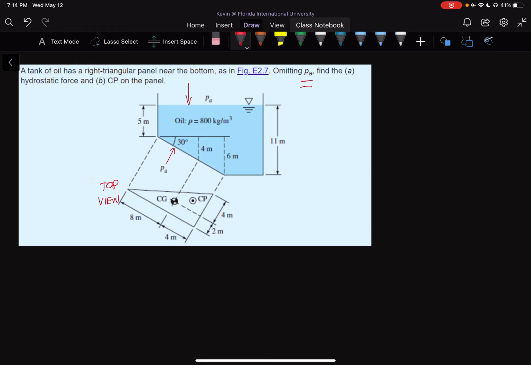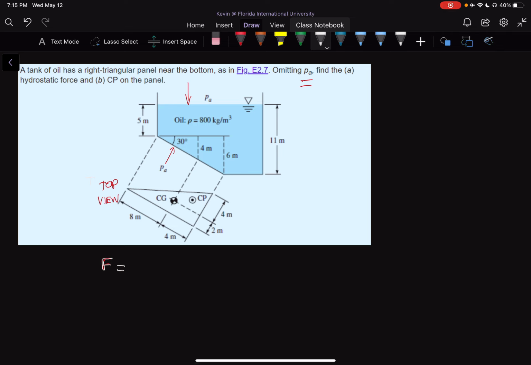So the first thing we're going to do is we're told we have to find the hydrostatic force. And the hydrostatic force from our equation, and we're going to be using the hydrostatic force that we derived for the gauge pressure, because we can use gauge pressure here. We can omit pressure atmospheric.